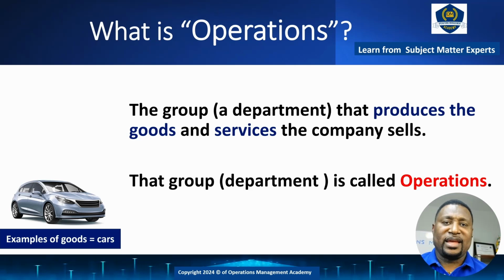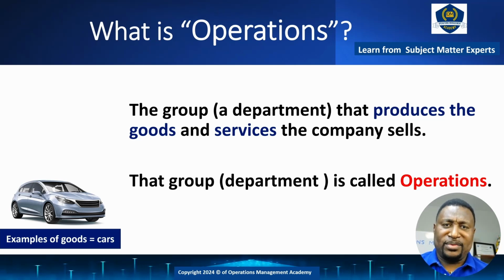Just like any department in an organization, we have the accounting department, we have the human resources department, so there are many departments. This one is called operations. Their job is to produce goods and services that the company will sell or just distribute.